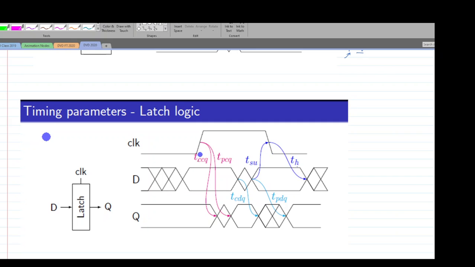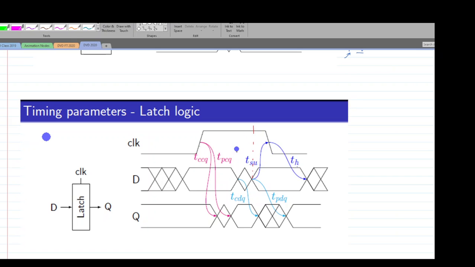Here you could see that the data is held constant when the clock is making a transition, due to which it is the clock that modifies the output over here. Due to this we have a definition of clock to Q for both contamination as well as propagation.